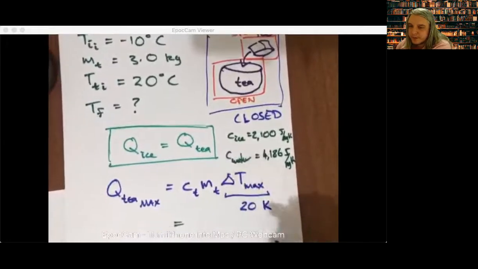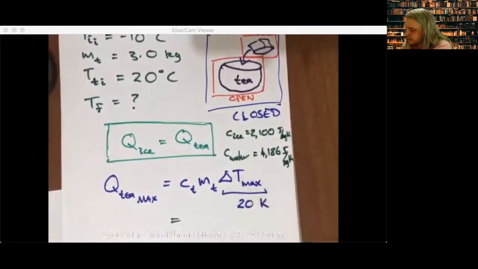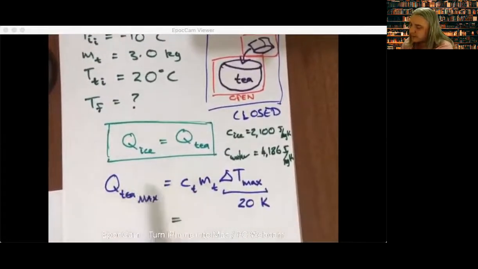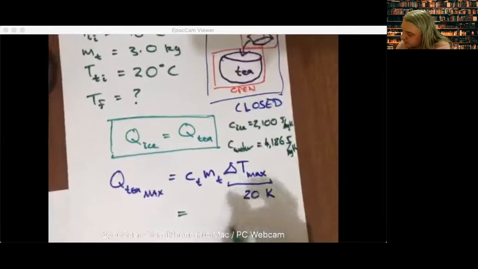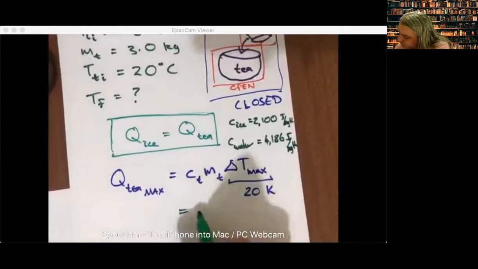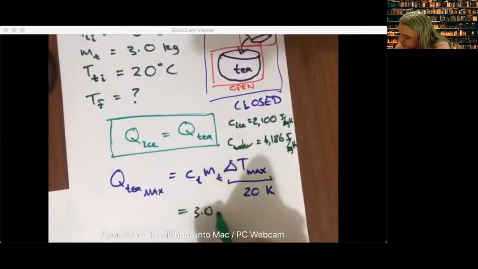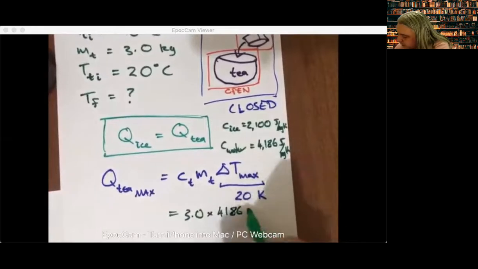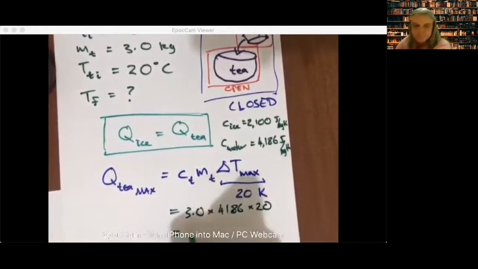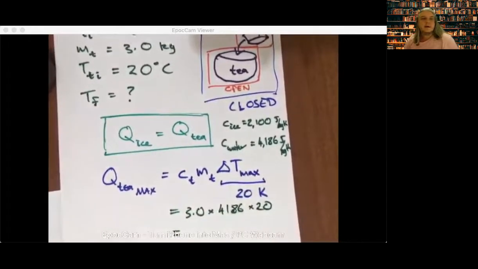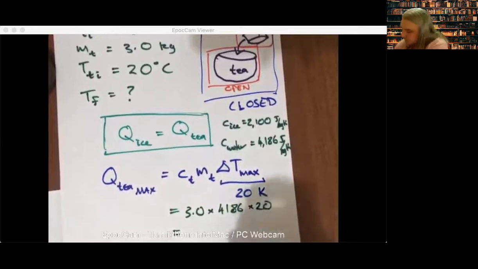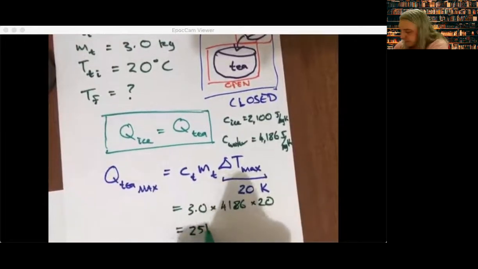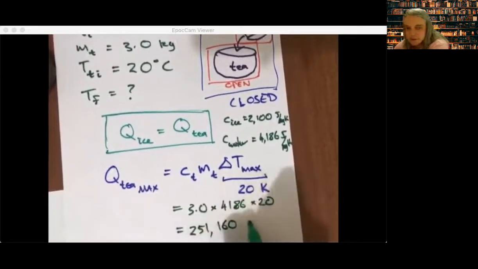We can figure out this maximum heat loss for the tea. It would be a maximum of 3.0 kilograms times 4,186 joules per kilogram per Kelvin times 20 Kelvin. And that would be 251,160 joules.